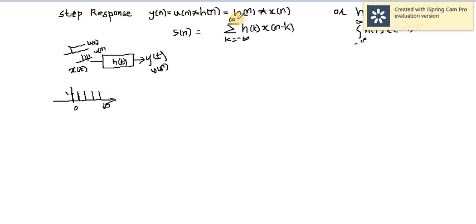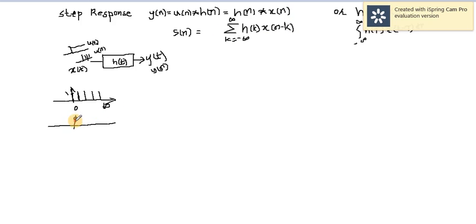When x of n is u of n, we already know the nature of x of n minus k. When we do indexing and time reversal, we get this kind of signal.